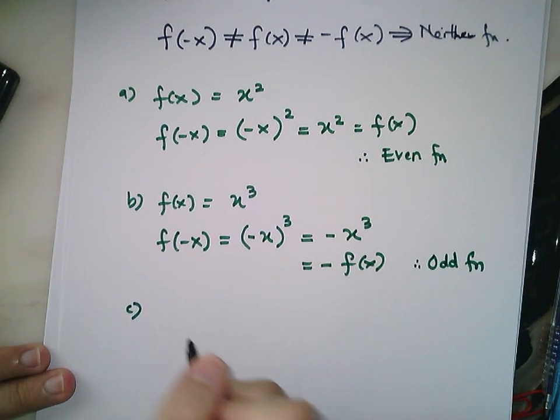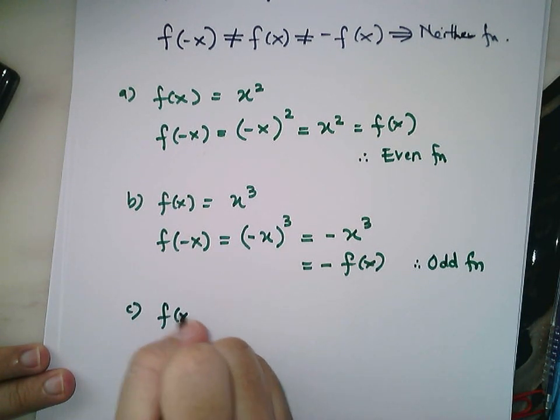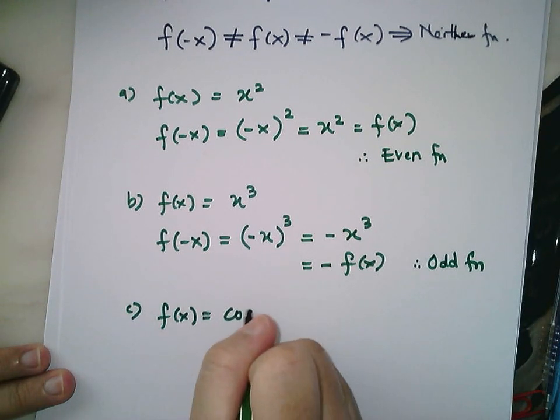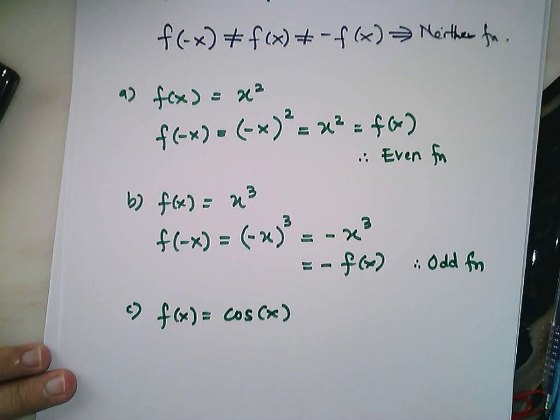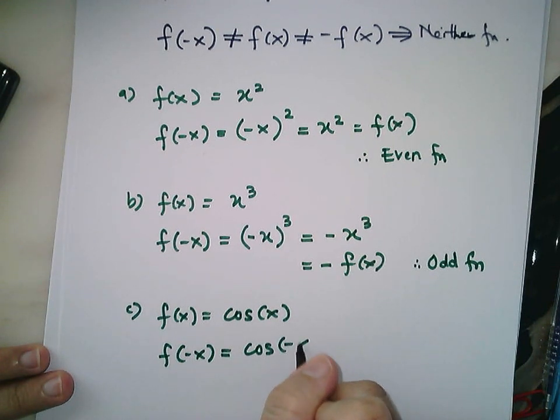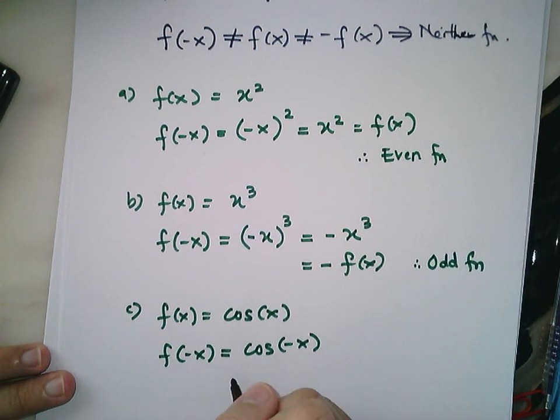Okay, so the next one is, let's consider your f(x) is equals to cos x. Okay, so f of negative x is equals to cos negative x. And this one, cos of negative x, is equals to cos x.